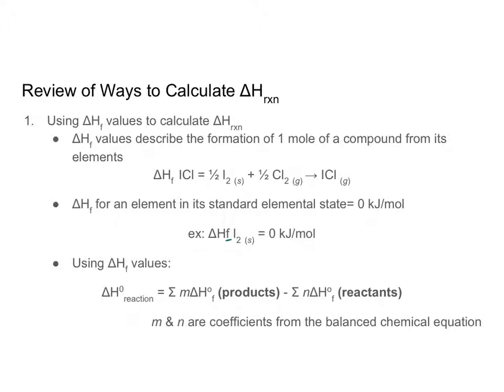Review of ways to calculate change in enthalpy of a reaction. We can use the delta H formation values to calculate the change in energy of a reaction. Delta H formation values always describe the formation of 1 mole of a compound from its elements.